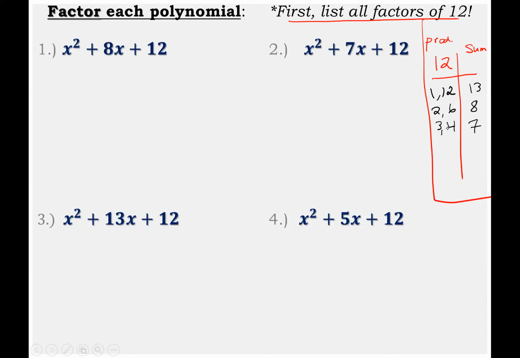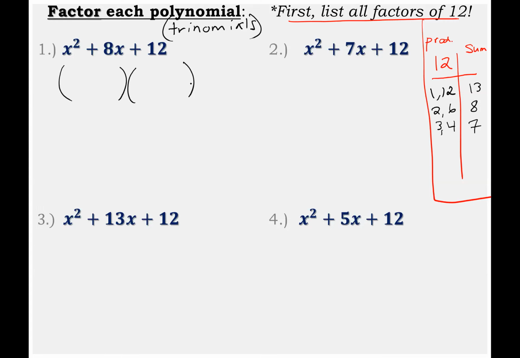Let's see if we can factor each of these polynomials. And remember, a polynomial just means something that has many terms. It could have really any number of terms, including 3. So these are all trinomials, which is just a specific kind of polynomial with 3 terms. With each one, I would try to factor it into 2 binomials.